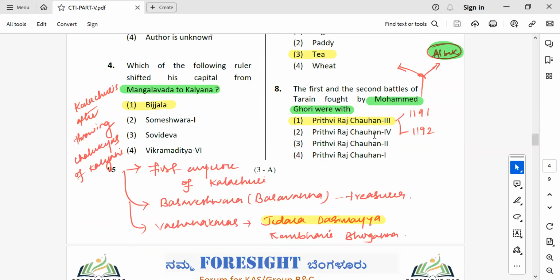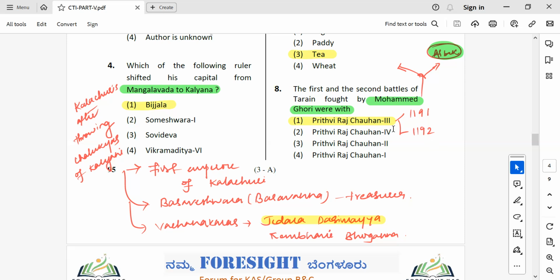Then, very important, this we have also seen when we discussed the establishment of the Delhi Sultanate. When Ghori came invading India, at the time Prithviraj Chauhan was ruling. In the first battle of Tarain, Muhammad Ghori got defeated, and again he came back in the year 1192 and won the second battle of Tarain.